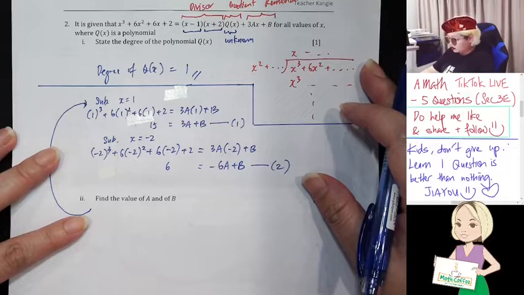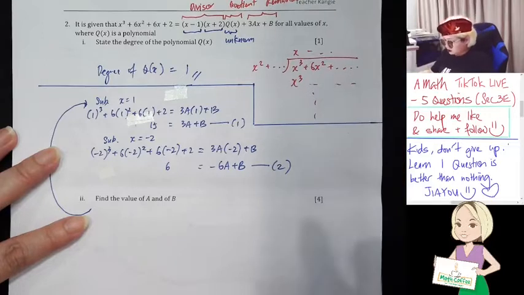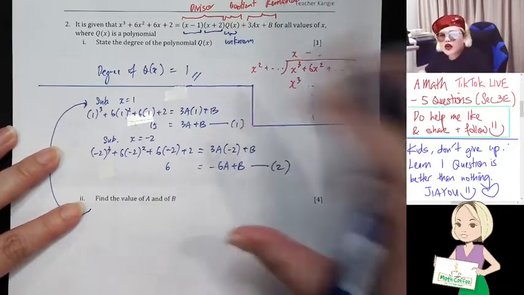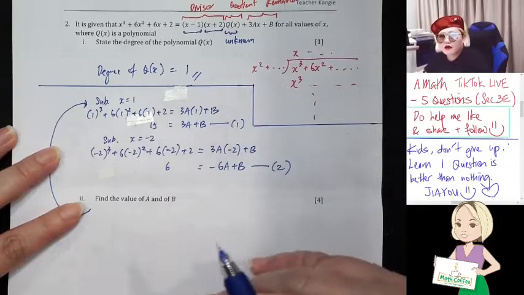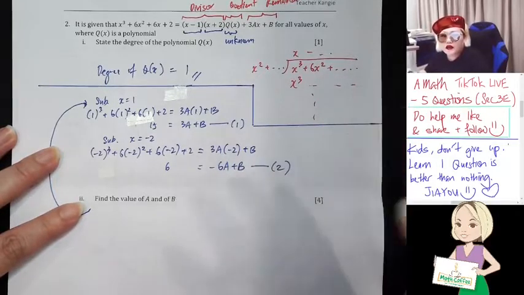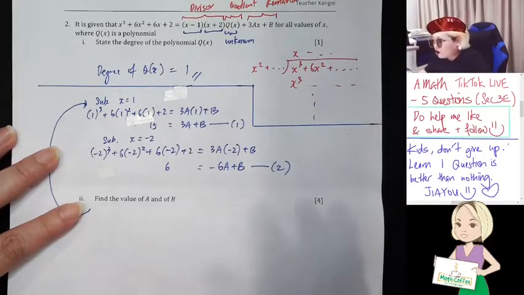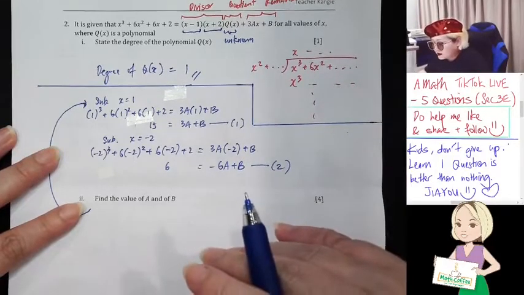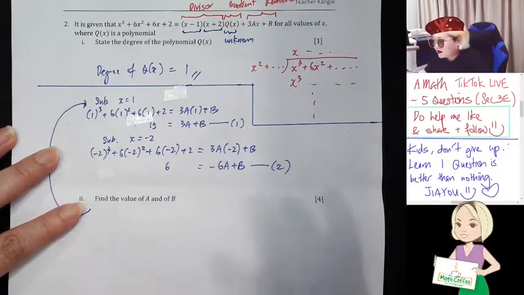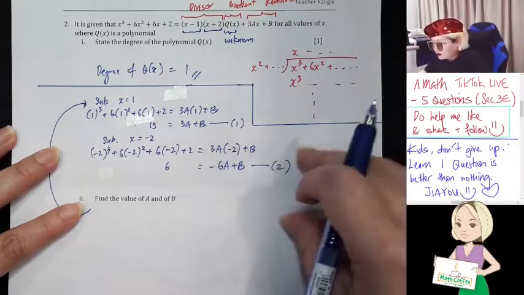Please block them, block them. Okay, come. Find the value of A and B. I notice usually on Sunday there are a lot, my moderator will be more busy. Wednesday they are more well-behaved. So on Sunday my moderator is very busy.